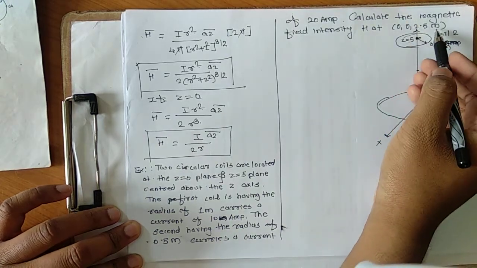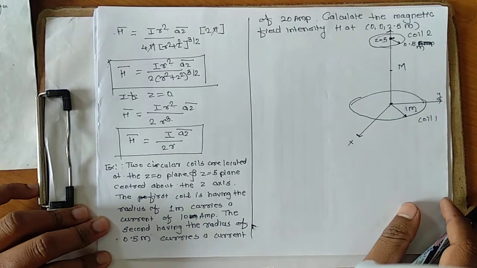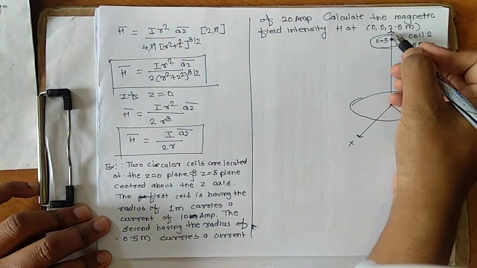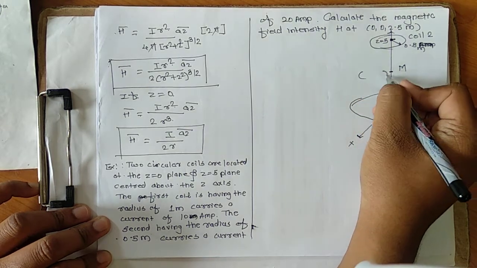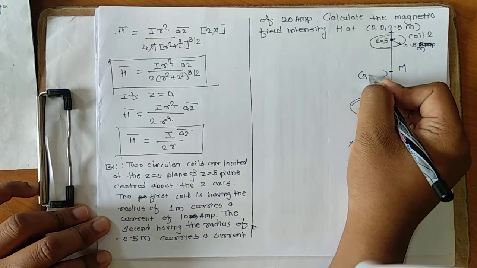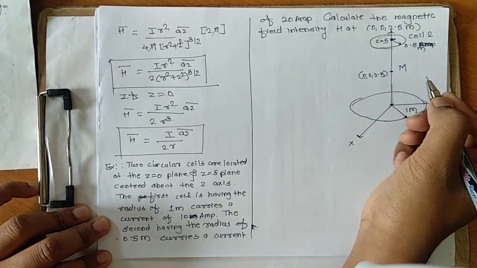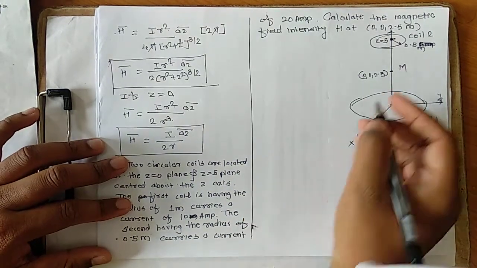So x-axis is 0, y-axis is 0 and z-axis is 2.5 meter. Now this distance is 5 meter, so 2.5 meter means here at this point. So we have to find out the magnetic field intensity at this point at the center.